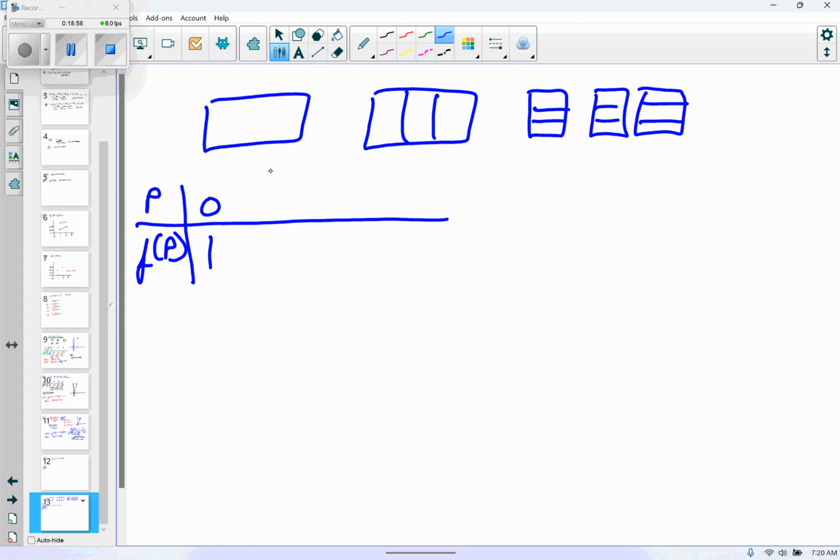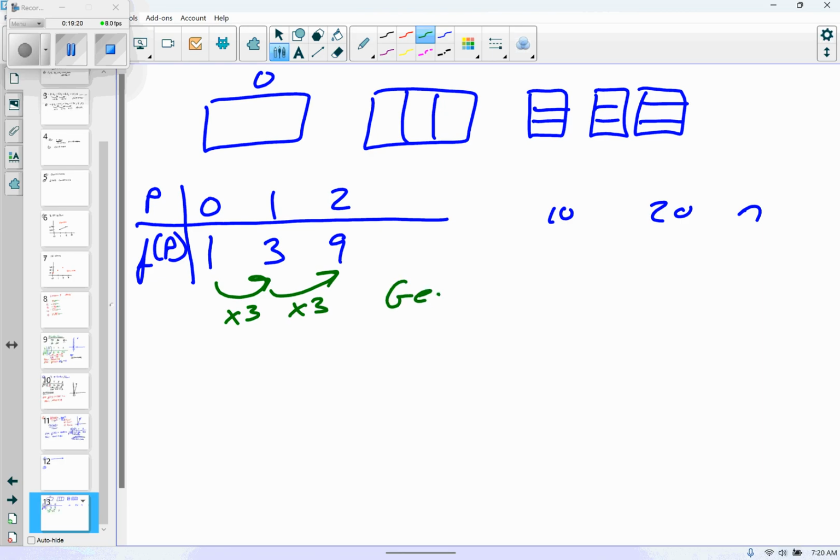So this is at 0. At 1, I have 3. At 2, I have 9 pieces, and then what's going to take place at 10, 20, and N cuts? If we look at this, I'm multiplying by 3 each time, and if we're multiplying, this means it's geometric.